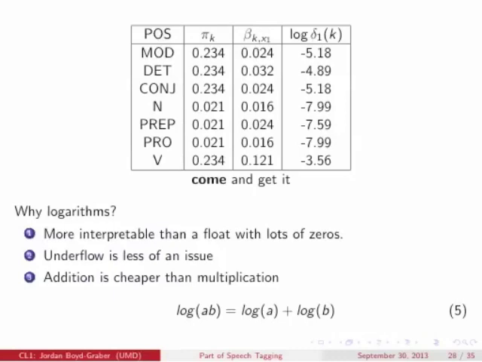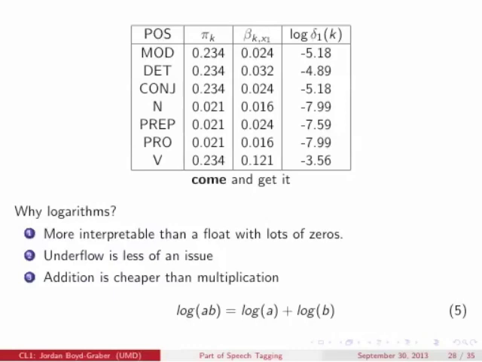Again, this is easy. This is our base case. We multiply the initial probability, pi, times the emission probability for the word "come" for each of our part of speech tags. This gives us the probabilities that you see in the rightmost column here.